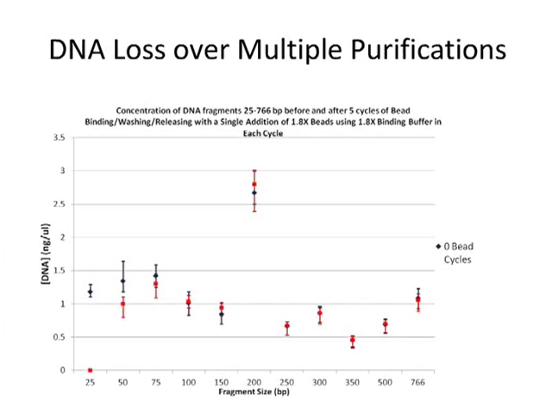So what you can see is that at 75 base pairs and larger, you're seeing no loss at all across 5 cycles by using the methodology I mentioned, a single aliquot of beads at the beginning. The DNA is released off the beads with the master mixes of the subsequent library steps, and then rebound using an aliquot of binding buffer from the Ampure reagents. You see almost no loss at all.